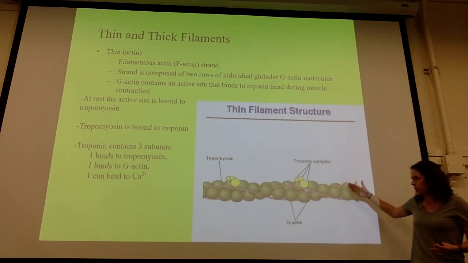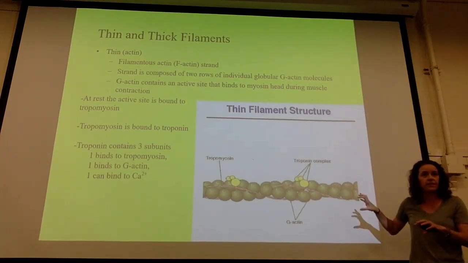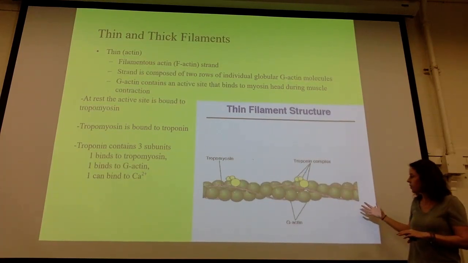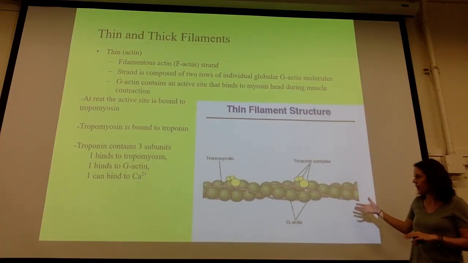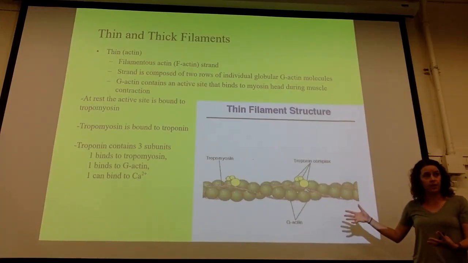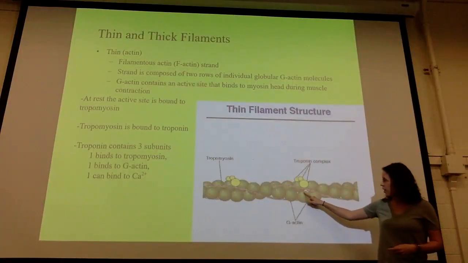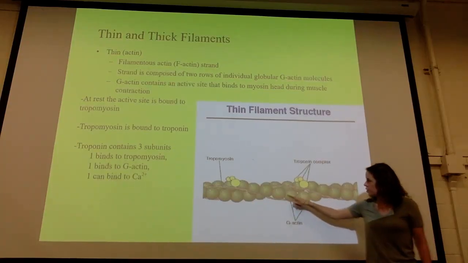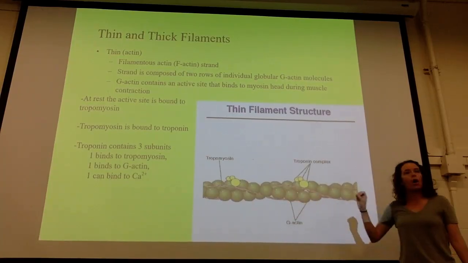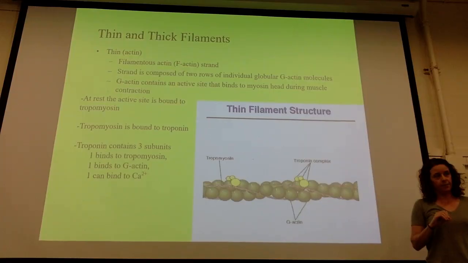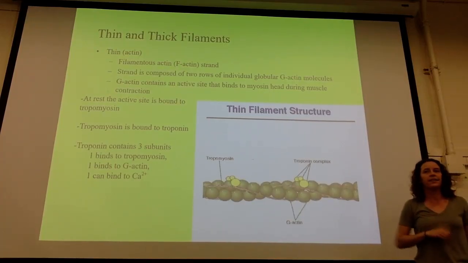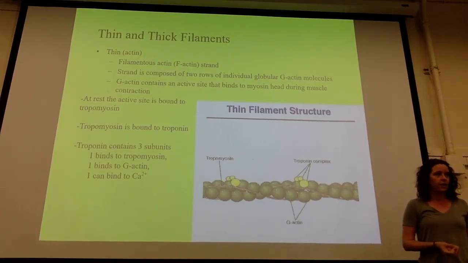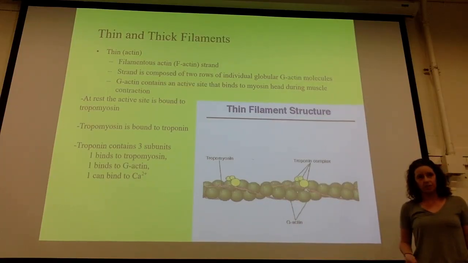If we were to break down the pieces of the actin, we would see that we've got a few different things in here. So first off, we've got these green balls. This is the G-actin. On the G-actin is where we find that binding site that myosin likes to attach to.